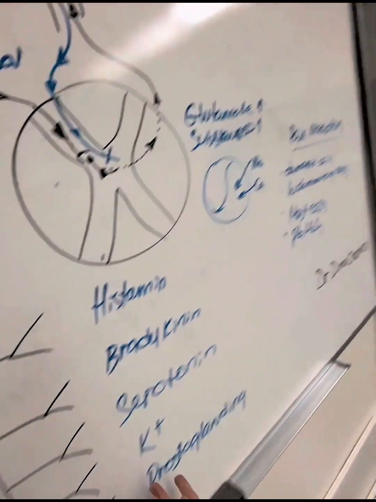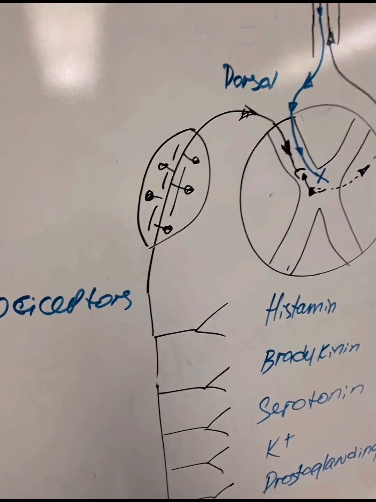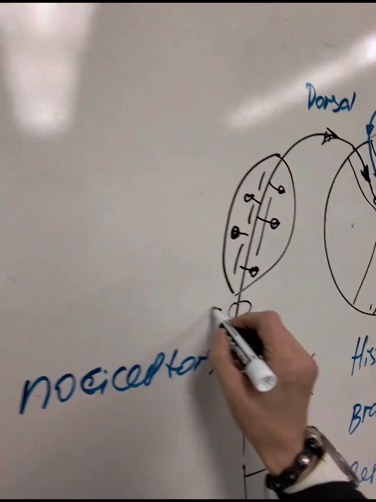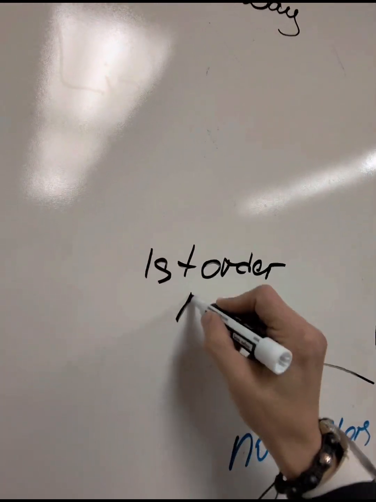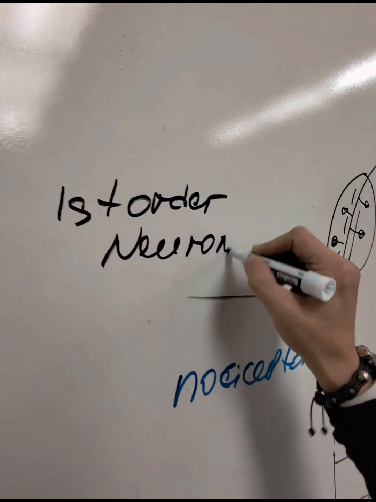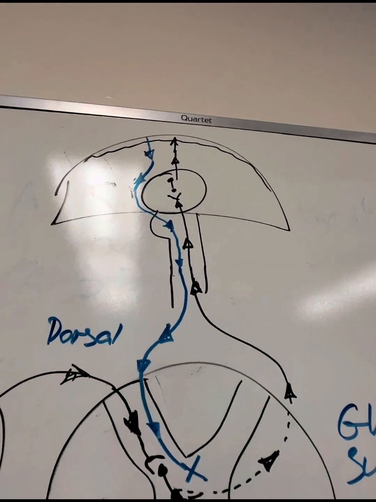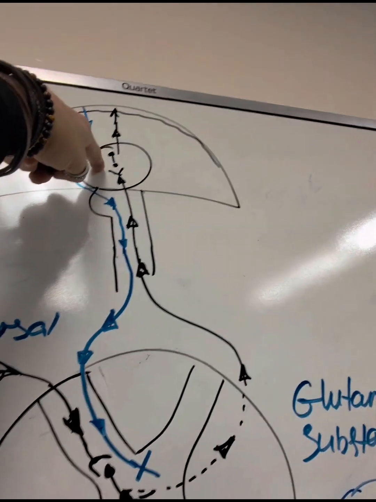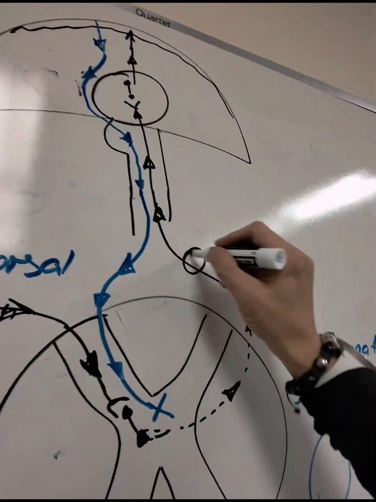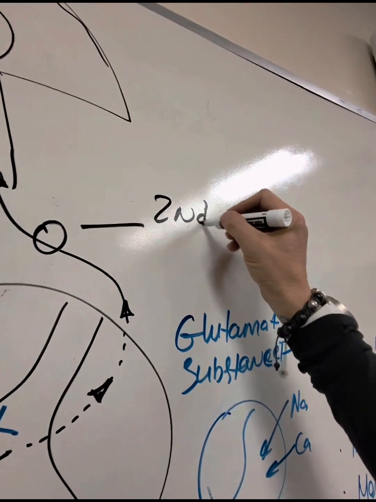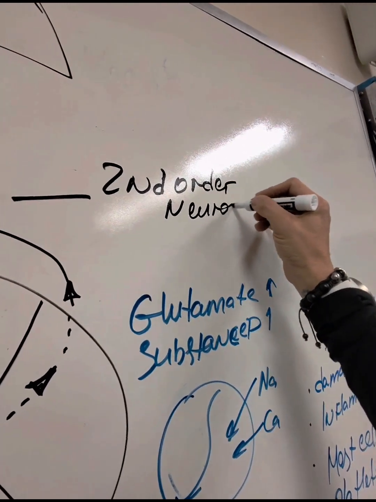So from tissue into the spinal cord, this is the first order neuron, or neurons, there are many. From the spinal cord into the thalamus, the spinothalamic tract, that is the second order neuron.